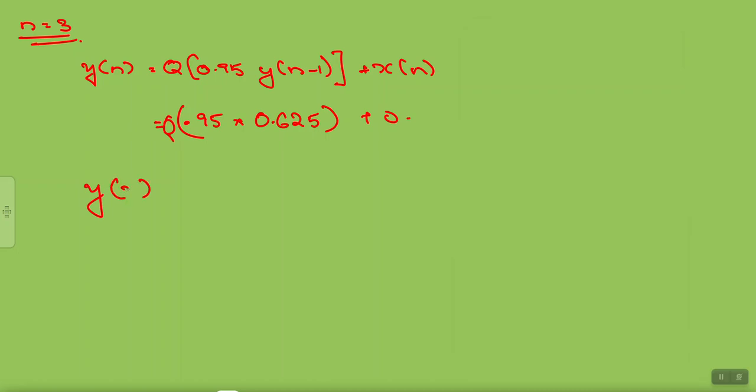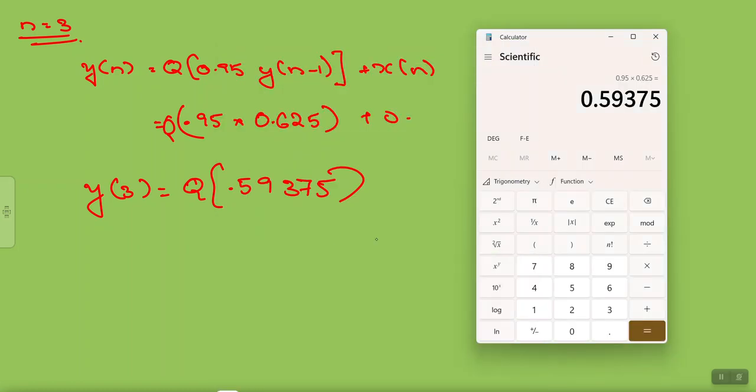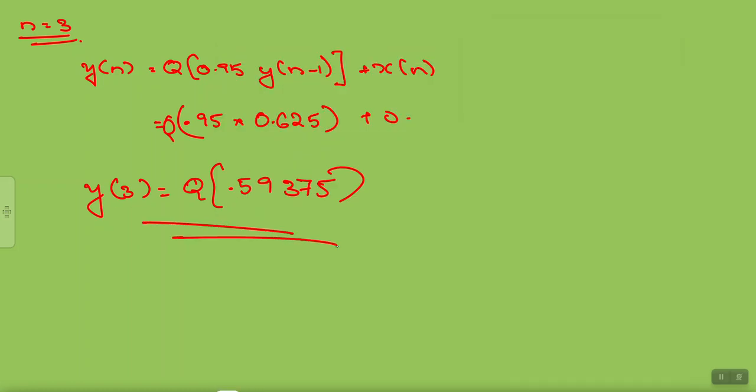Y of 3 will be quantization of 0.59375. So this will go on. So when we apply 0 as the input, the output will be in a certain limit.